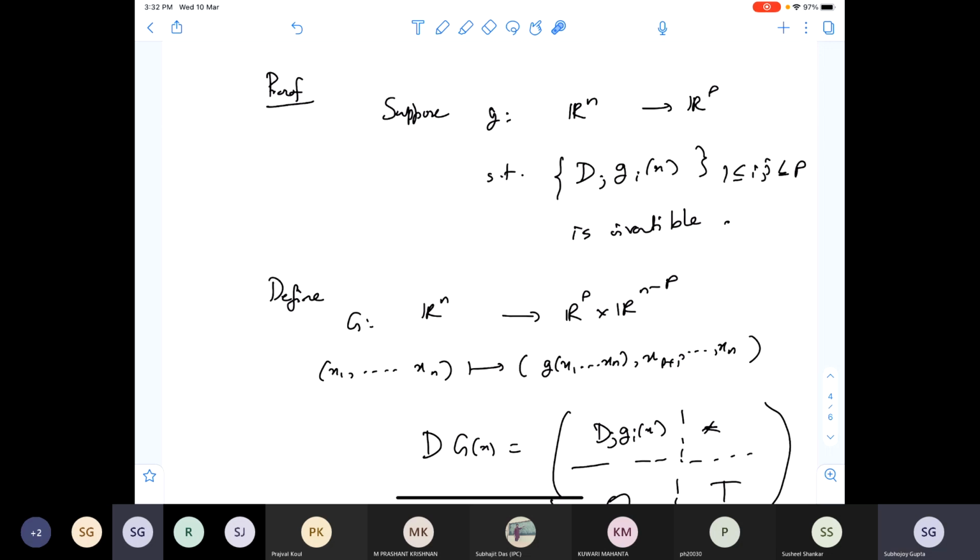So the first p variables is what contributes to the rank, so that this is a p by p matrix, a submatrix of the total derivative, and this matrix has rank p. So we can arrange that.